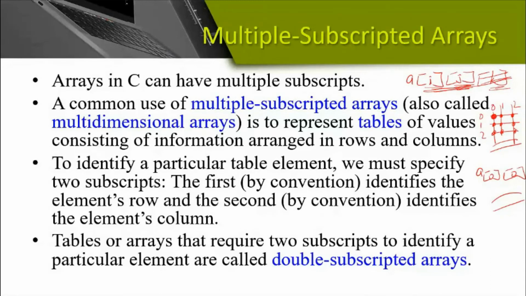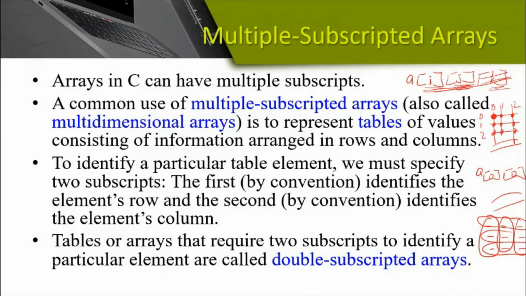The first subscript identifies the element's row, and the second identifies the element's column. In a table it will be like this. There are multiple rows as well as multiple columns. This is a row, and this is another row, and this is another row. This is a column, and this is another column, and this is the third column.